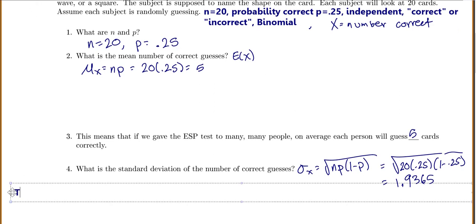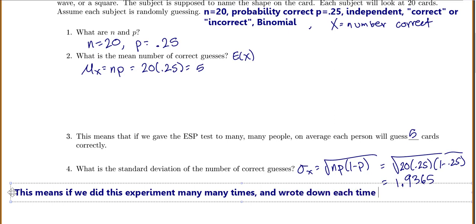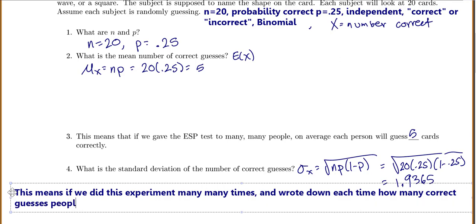This means if we did this experiment many, many times and wrote down each time how many correct guesses people got, we would get a data set such as 3, 2, 4, 5, 3, 4, etc. Let's put a 6 in here.